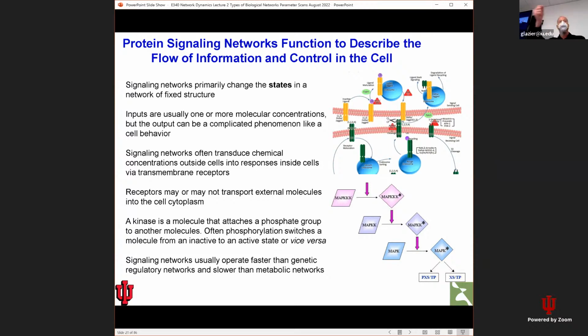Another is to have one phosphate bind sequentially to 5 different molecules. In both cases, the amount of phosphorylated MAP kinase, the MAP kinase with the asterisk on it, will be a very sharply changing function, almost a step function, of whatever is upstream of the MAP kinase.